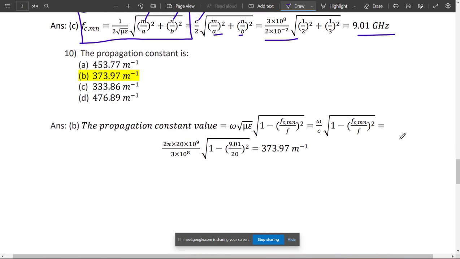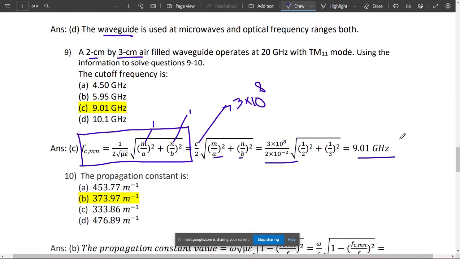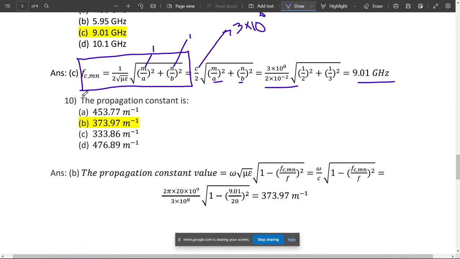Question number 10 says the propagation constant is. For the same information given here, we have to find out the propagation constant. For the propagation constant, we know the formula, which is equal to j omega under root mu epsilon, into whole under root 1 minus (cutoff frequency upon the frequency) squared. We got the cutoff frequency through question number 9.